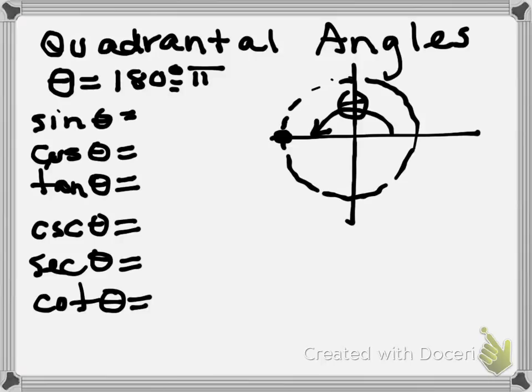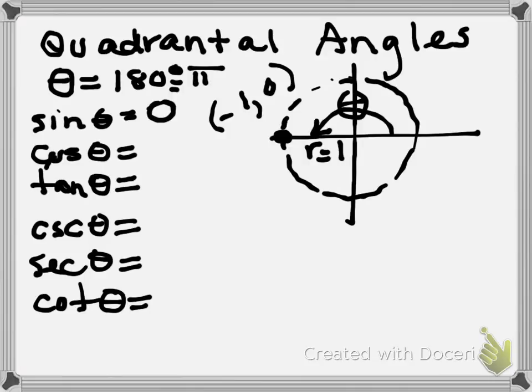And you think of the point on the unit circle such that the radius is equal to 1, and this has an x value of -1 and a y value of 0. So here are your x, y, and r values so that you can find all 6 trig functions. The sine is equal to y over r, so the y value, which is 0, over 1 is 0.